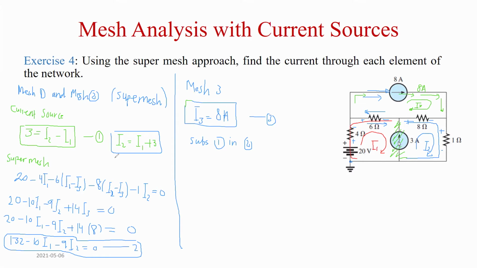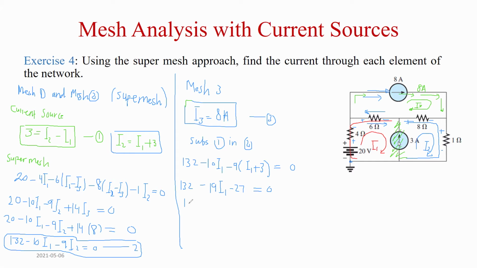So here I2 equals to that. So 132 minus 10I1 minus 9. Then here I2 is I1 plus 3, equals to 0. So from here, this is 19 minus 19I1. And here is minus 27. And this is 132 equals to 0.